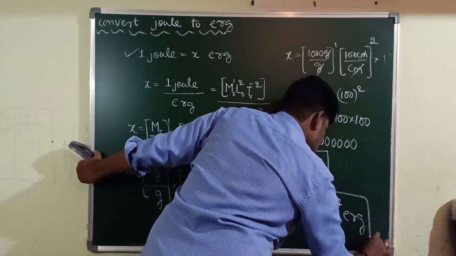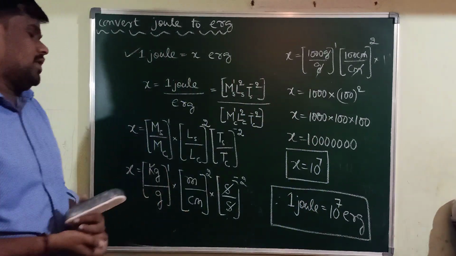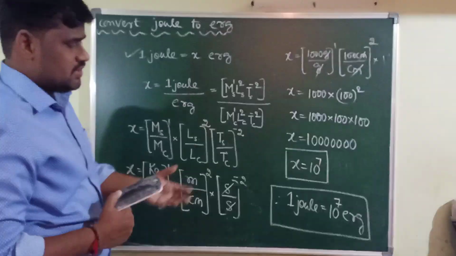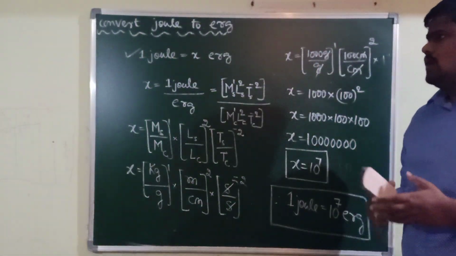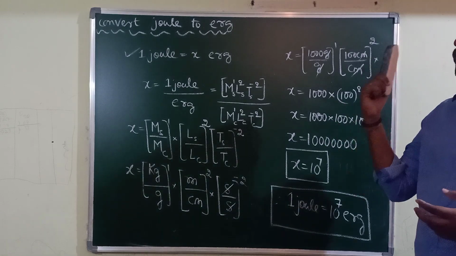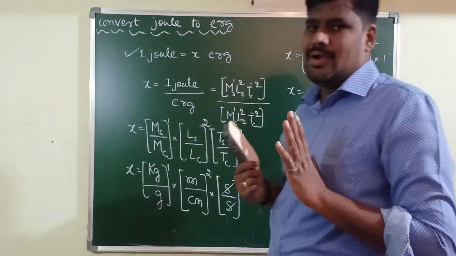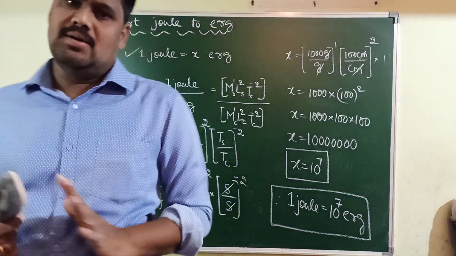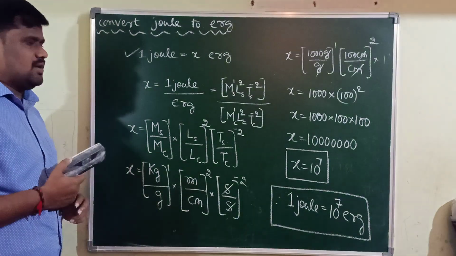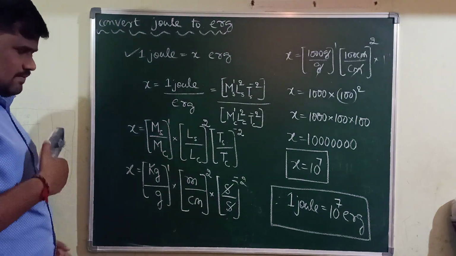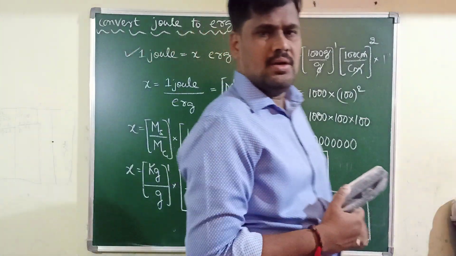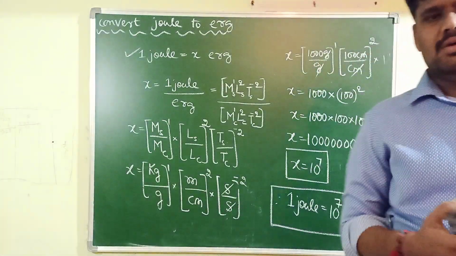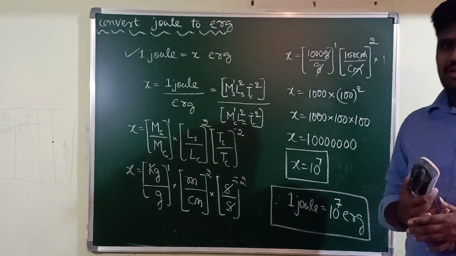So this is how you can convert the unit of a physical quantity from one system to another system, in which I have proved 1 joule is equal to 10 power 7 ergs. So look at the terms, and I recommend you to watch this video once again, so that you will get more information.